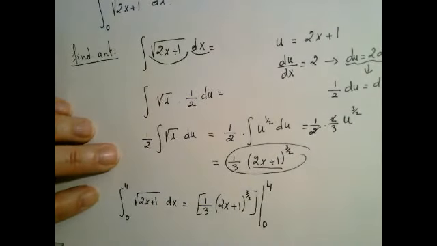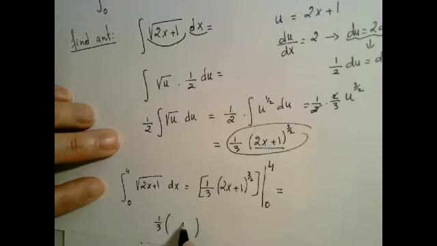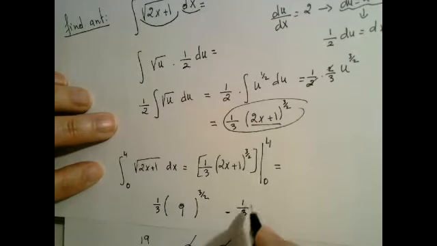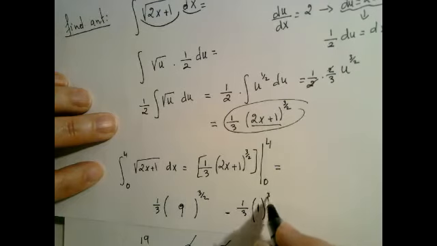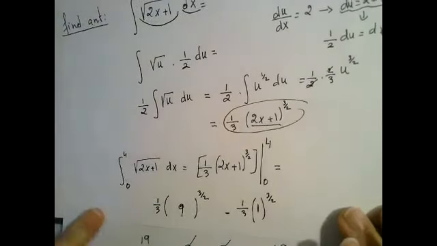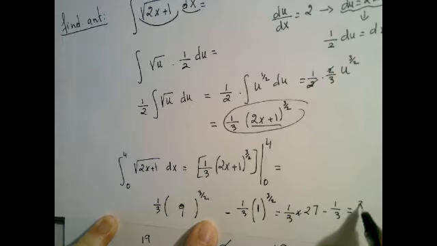So it's going to be equal to a third at 4: 2 times 4 is 8, plus 1, is 9 to the power 3/2, minus a third at 0: 2 times 0 is 0, plus 1, 1 to the power 3/2. Then you just do simple math. 9 to the 3/2 is 27, so a third of that is 9, minus a third, which gives me 26 over 3.